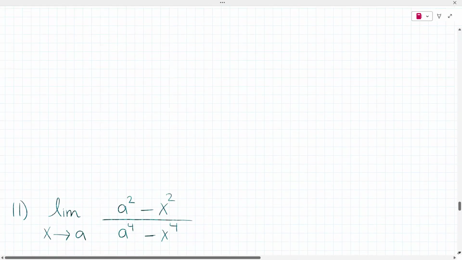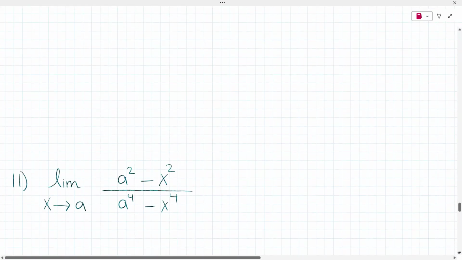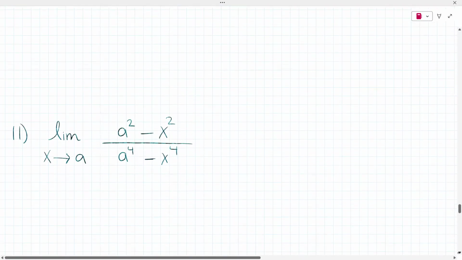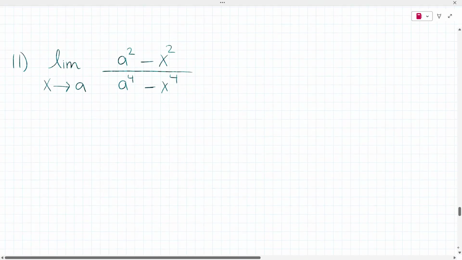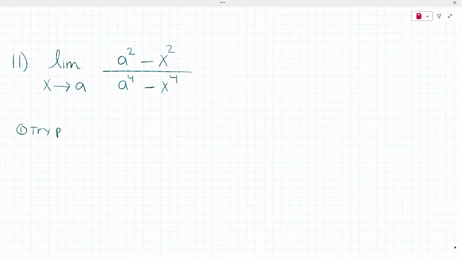Let's move on to number 11. Number 11 says the limit as x approaches a of a squared minus x squared over a fourth minus x fourth. So I could try plugging it in. And this does not look good.